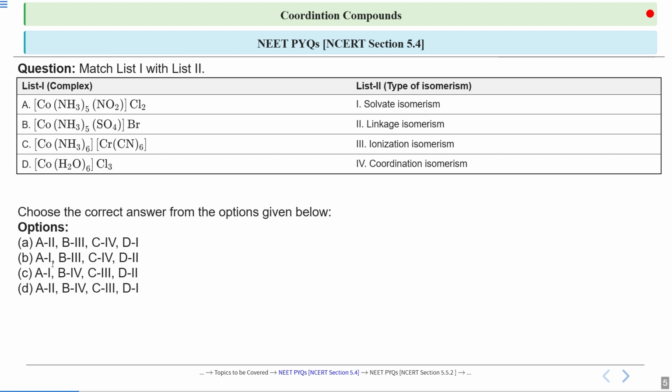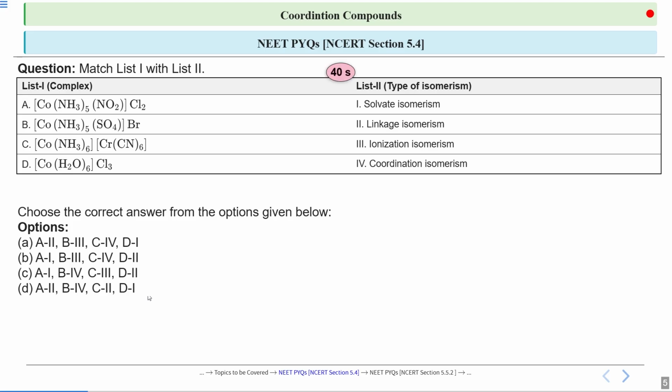Or A with first, B with fourth, C with third, D with second. Or A with second, B with fourth, C with third, and D with first. You have to select the correct one, right?